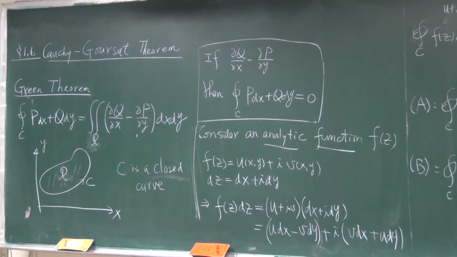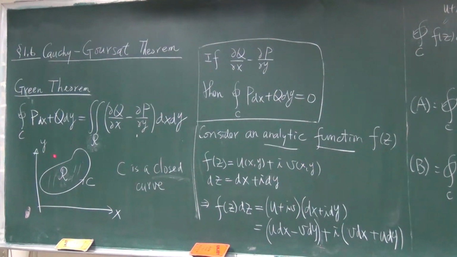Here we have P and Q, P dx plus Q dy. P is a function and Q is a function too. We integrate this differential form along a closed curve called C. This is the contour integral.